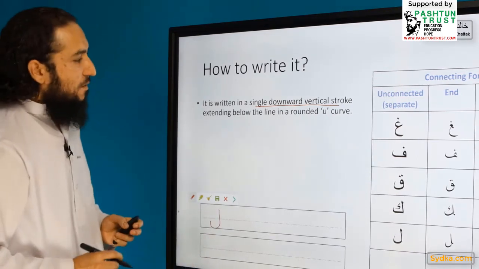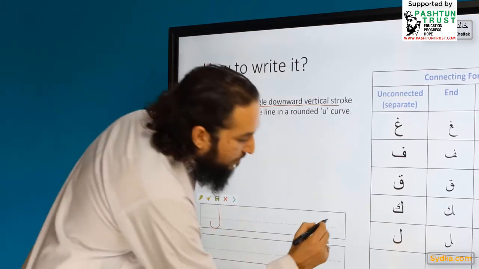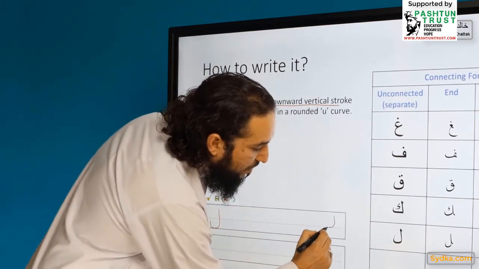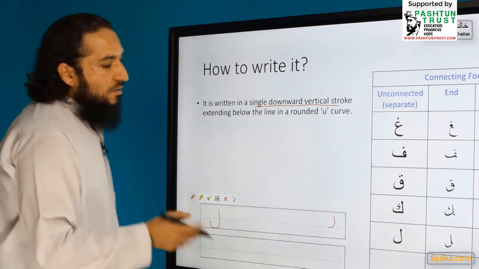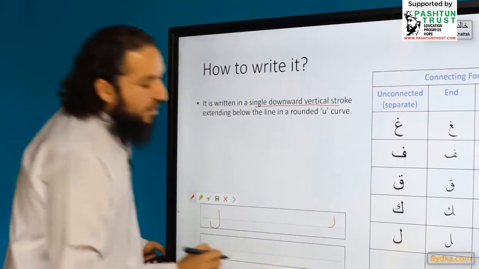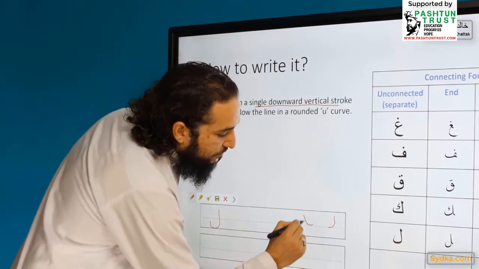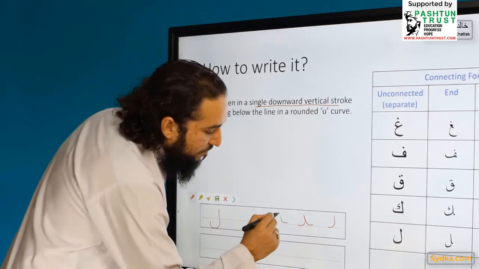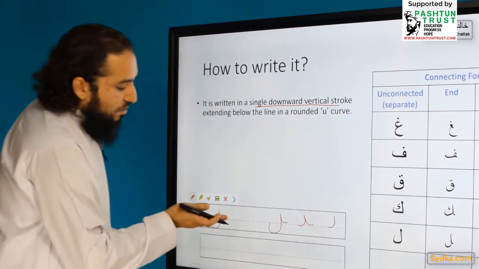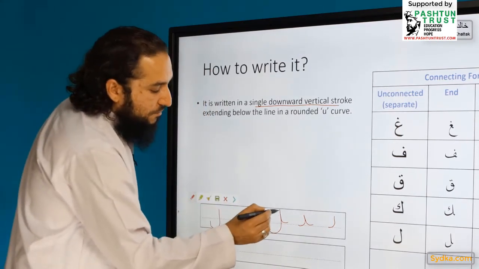In other forms, if it is at the beginning, it stays on the line, the top part. If it is in the middle, like this, and if it is at the end, the top part remains above the line and the bottom below the line.